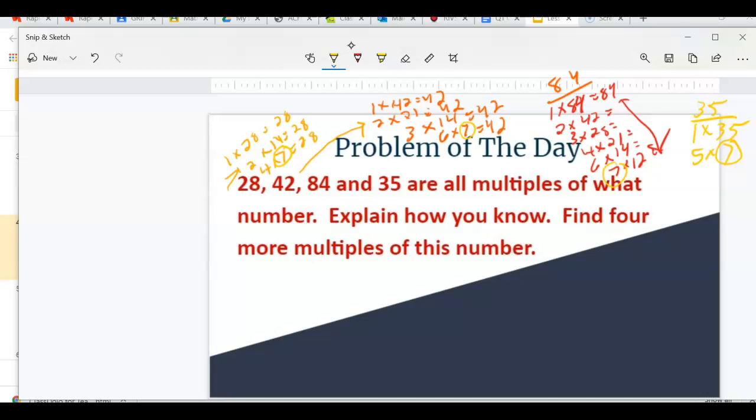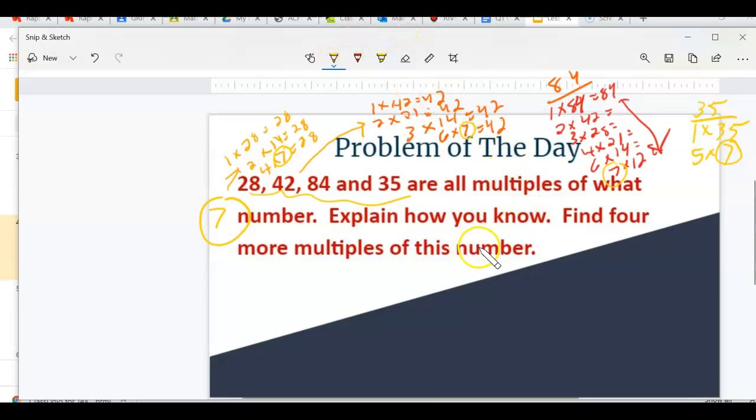Okay, so there's 14 in some of them, but not in all of them. There's a 2 in some of them, but not in all of them. But there is a 7 in each one of them. Okay, so that means that all of these numbers are multiples of 7. They're all multiples of the number 7.